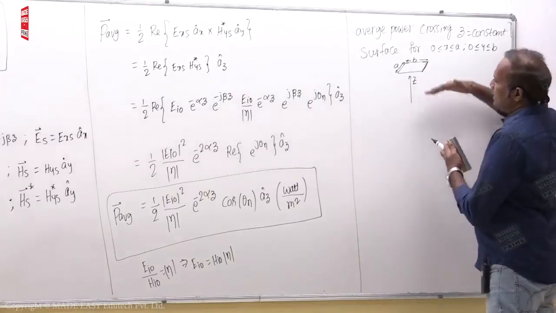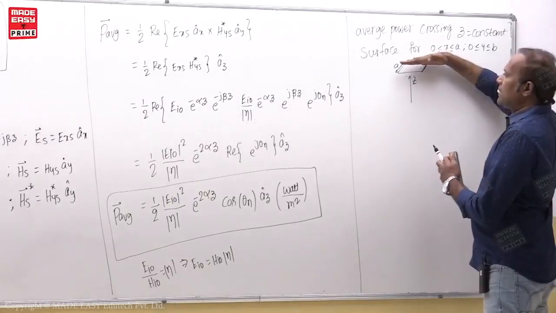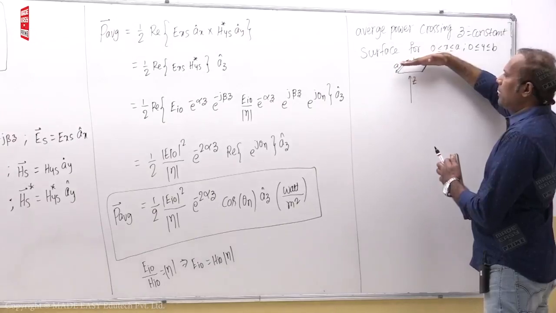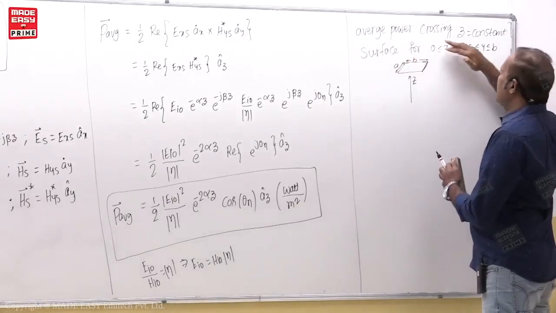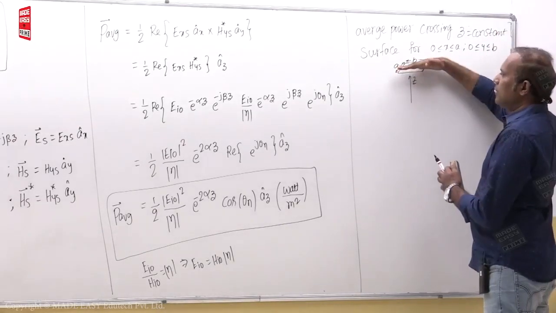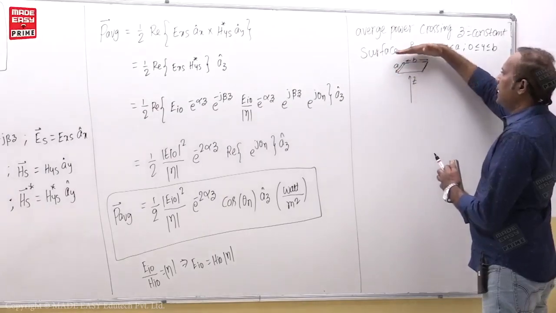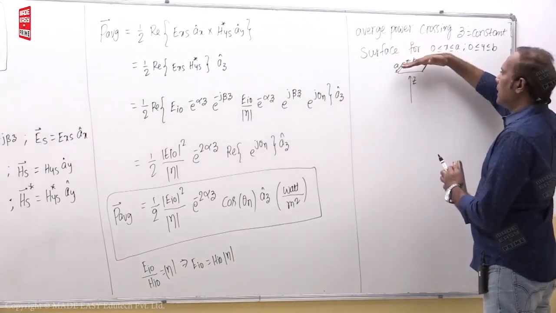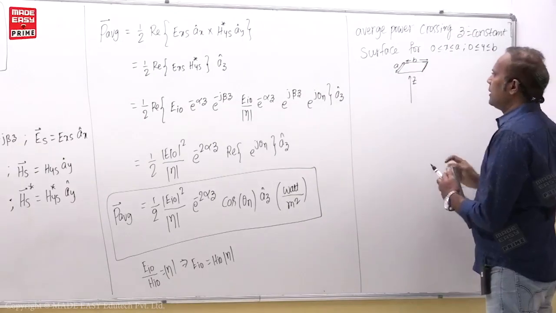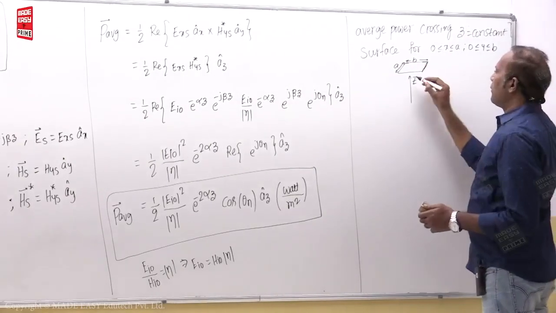Then that surface may be at z equal to 1 meter height, for example. Then 1 is constant, that is called z equal to constant surface. If it is z equal to 3 meters, then 3 is constant, and that is called z equal to 3 meter surface. So this is the surface.